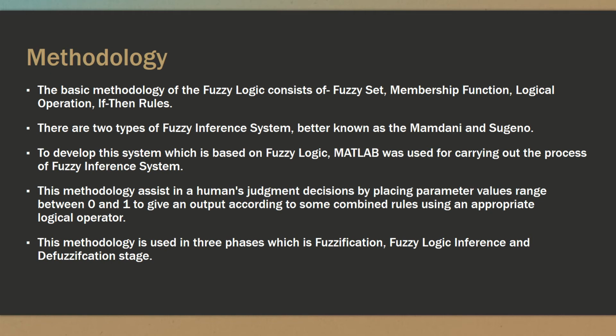This methodology assists in a human's judgment decisions by placing parameter values which range between 0 and 1 to give an output according to some combined rules using an appropriate logical operator. This methodology is used in three phases, which are fuzzification, fuzzy logic inference, and defuzzification stage.